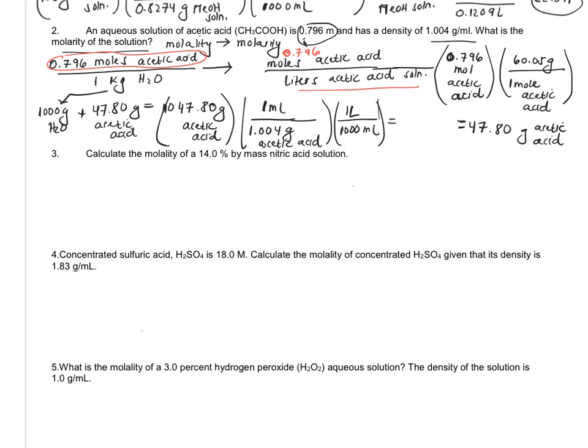The liters of acetic acid solution I get is 1.044 liters. So I have my liters, I have my moles. I just need to take 0.796 moles divided by 1.044 liters. And so the molarity of my acetic acid solution is 0.762 molar.